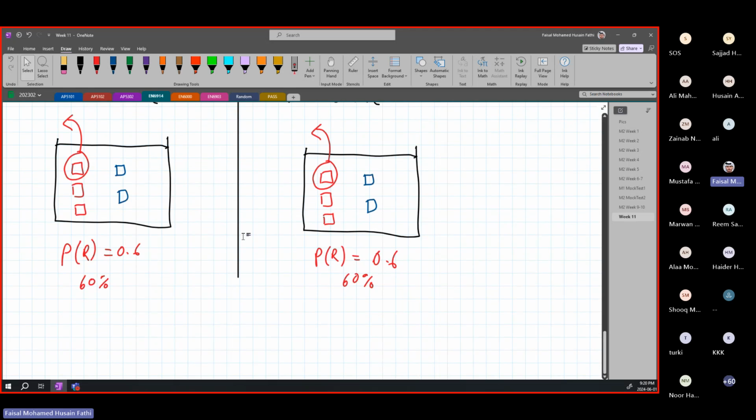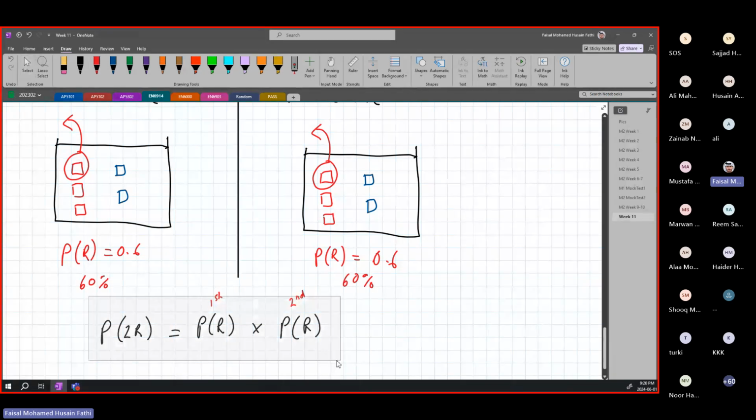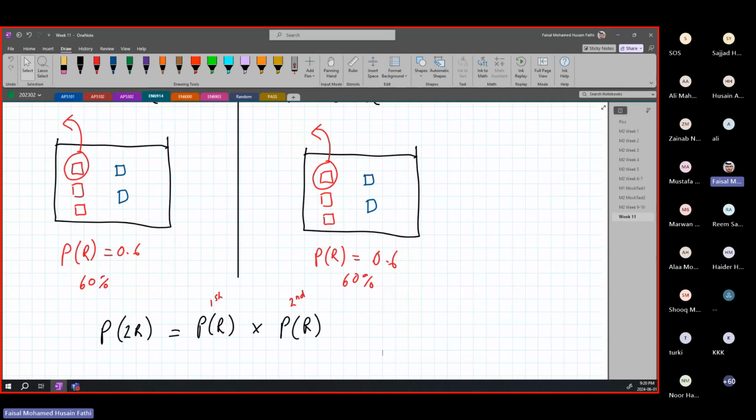So how can we find out the 2 red resistors? How can we find the total probability? In this case, you will say that probability of 2 red, for example, is going to be equal to probability of red for the first choice times the probability of red for the second choice. So this is your first choice, and this is your second choice. This equation is known as the multiplication equation or the AND equation.